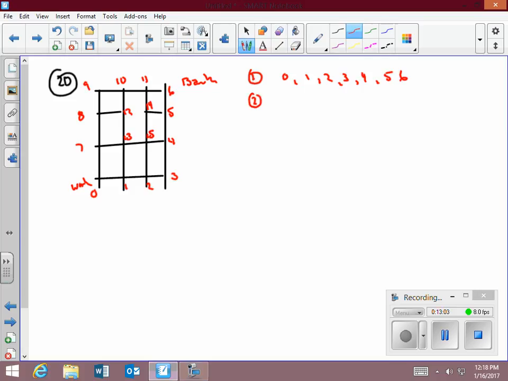Then you could go 0, 1, 2, you could go up to 15, then go back over to 4, 5, 6. And you just have to make different routes. I don't know how to do it except to list it out that way.